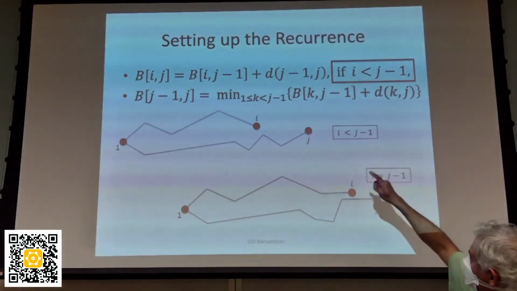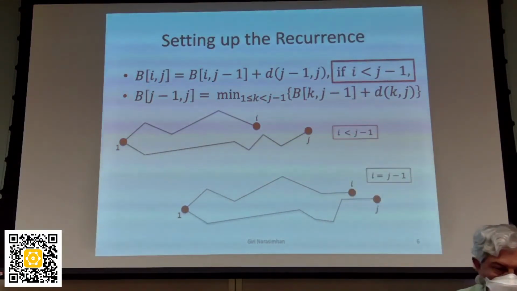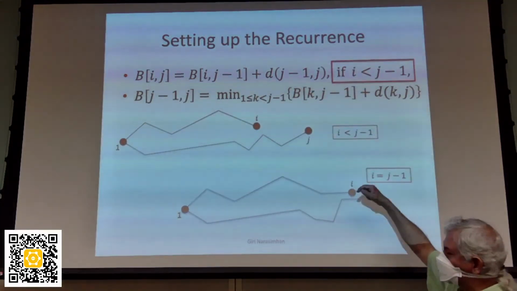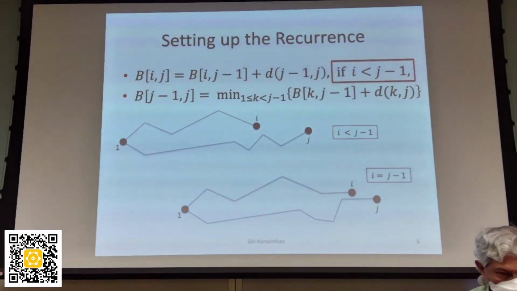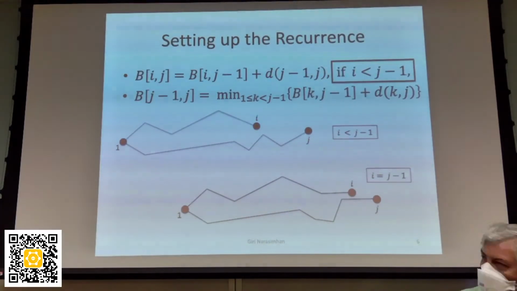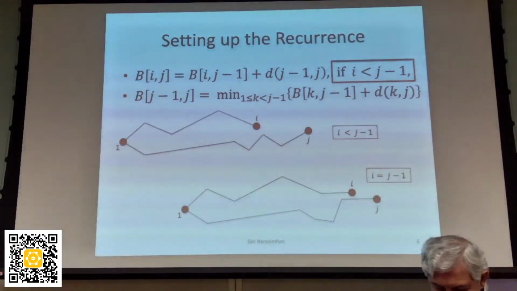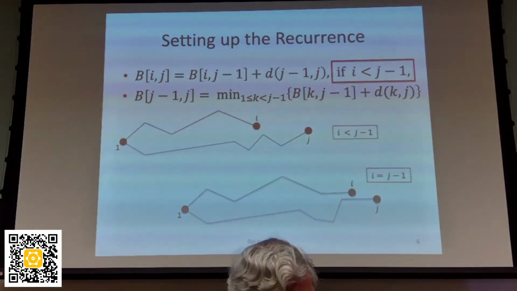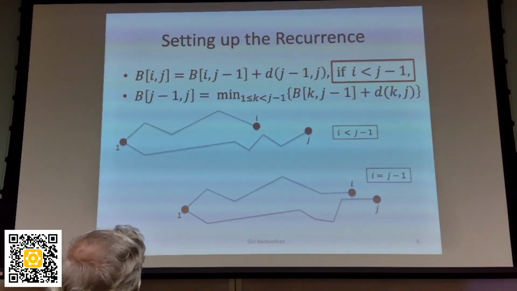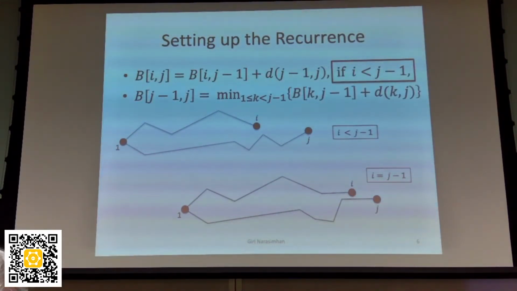The remaining is going to be b of k, j minus 1. Remember now, this guy is going to be further ahead than the lower one. So your recurrence will say b of k, j minus 1. So k could be j minus 2, j minus 3, j minus 4, whatever, we just don't know. These are your two cases.